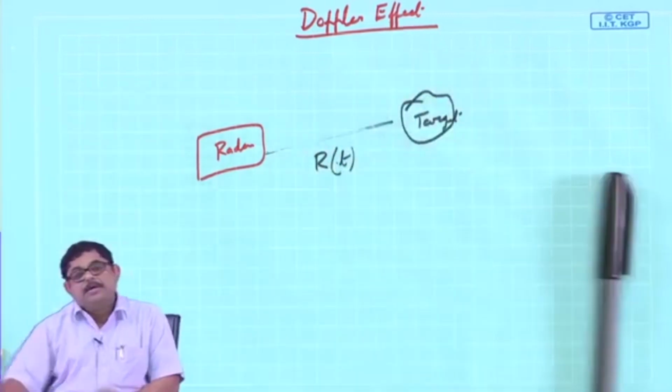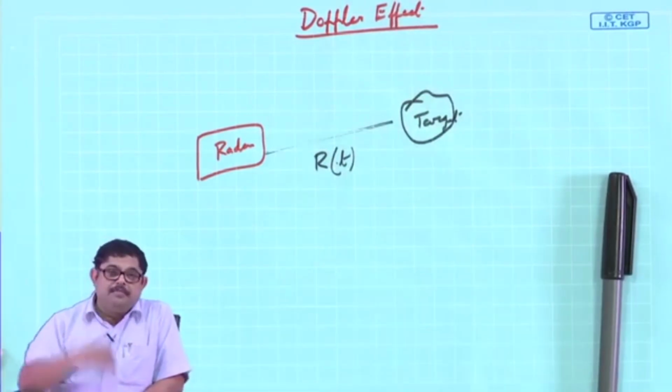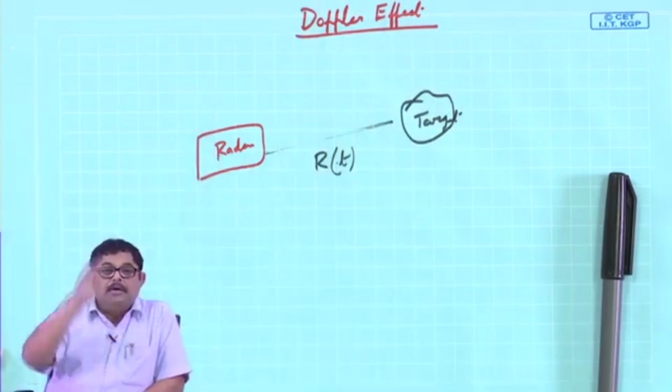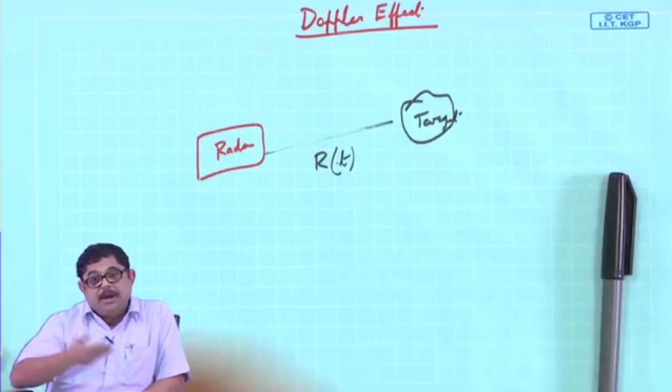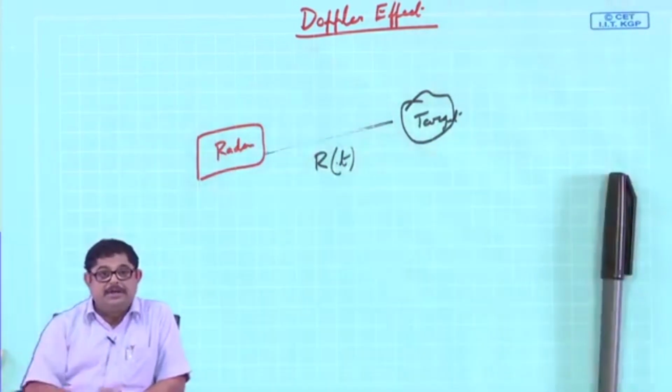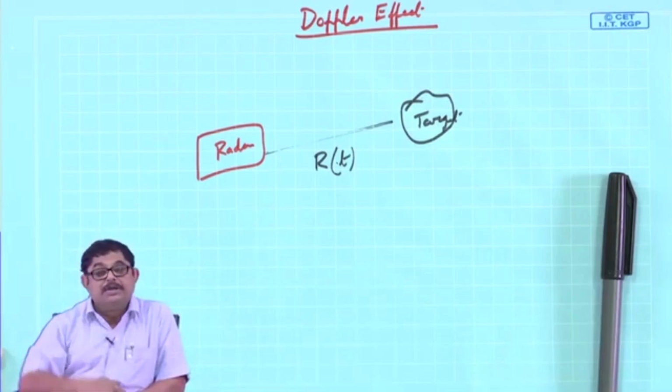Because in Doppler frequency measurement, you are sending a gigahertz sort of signal, and the velocity is a terrestrial velocity, not like a star's velocity, which is quite high.